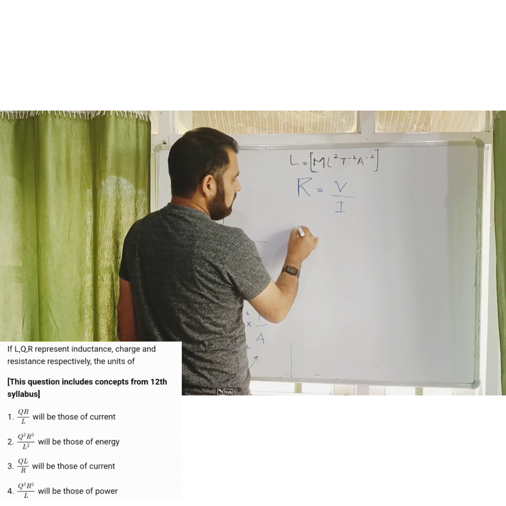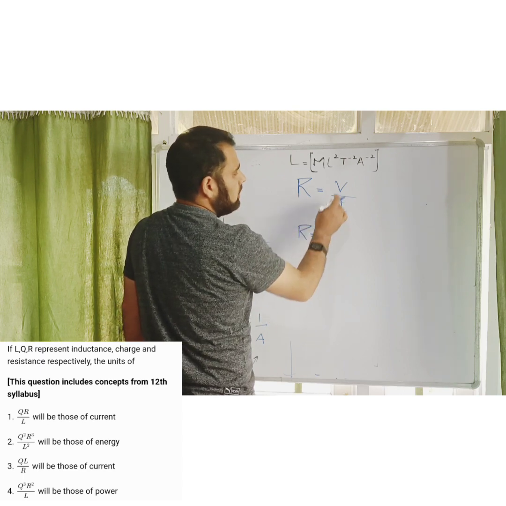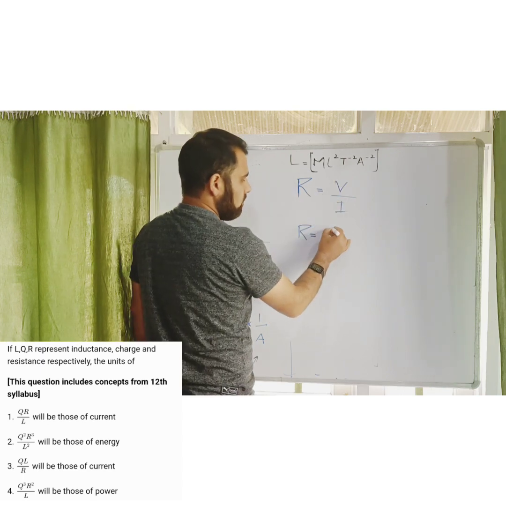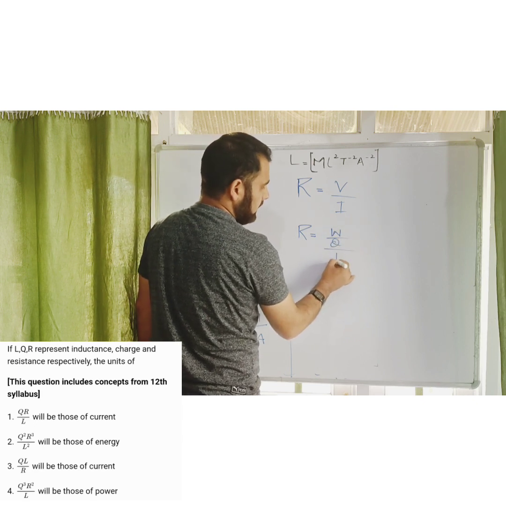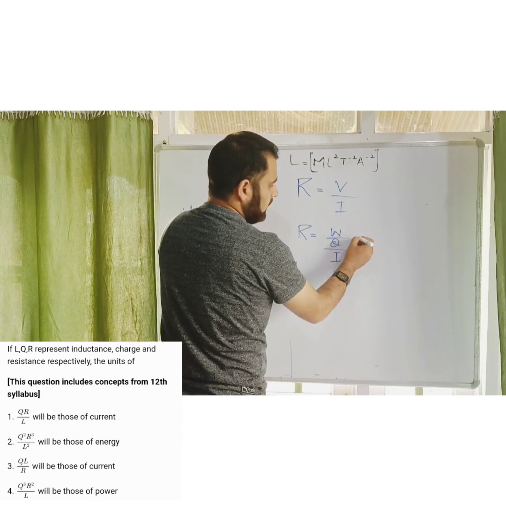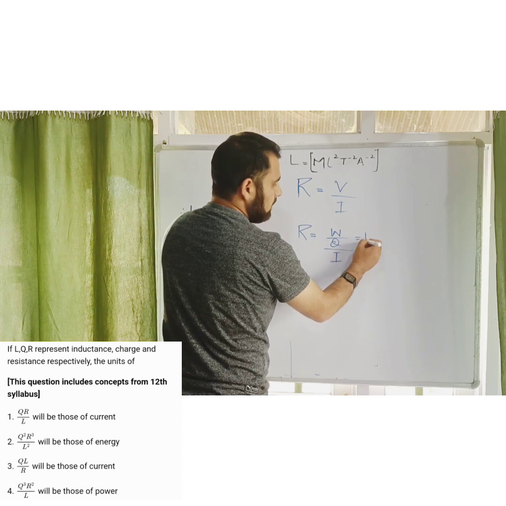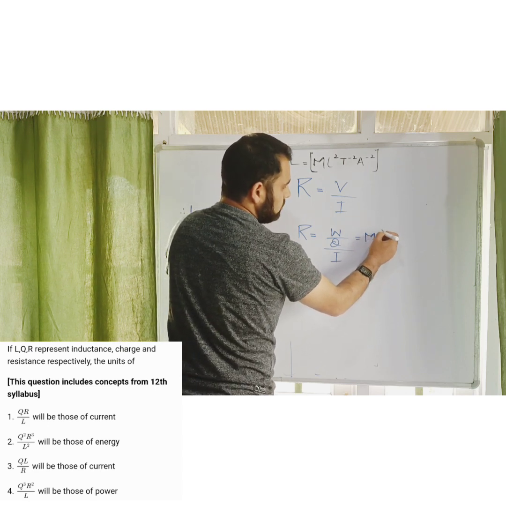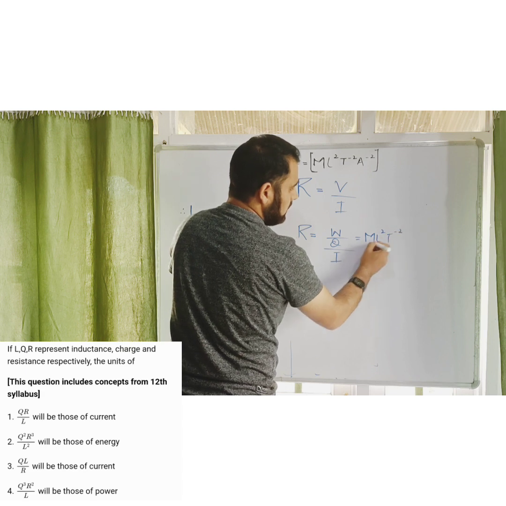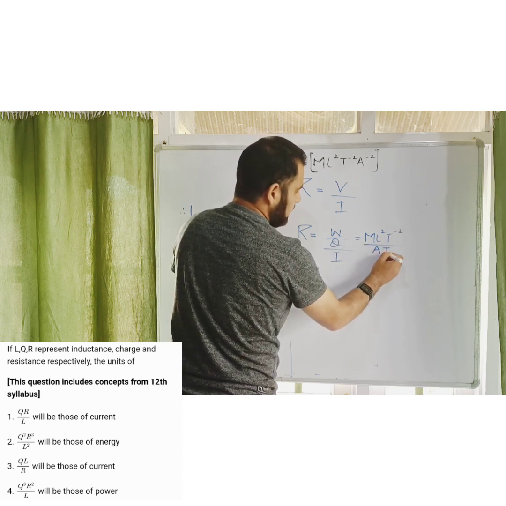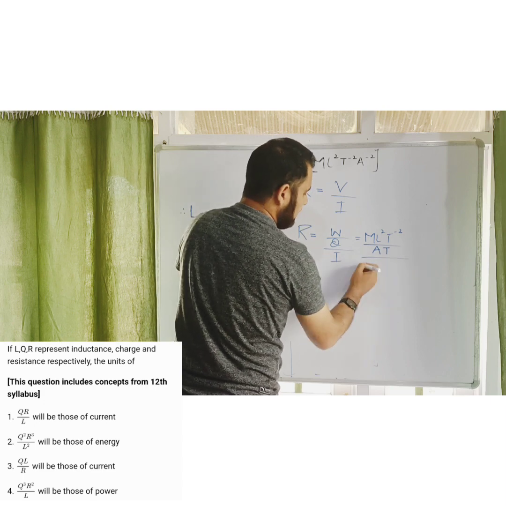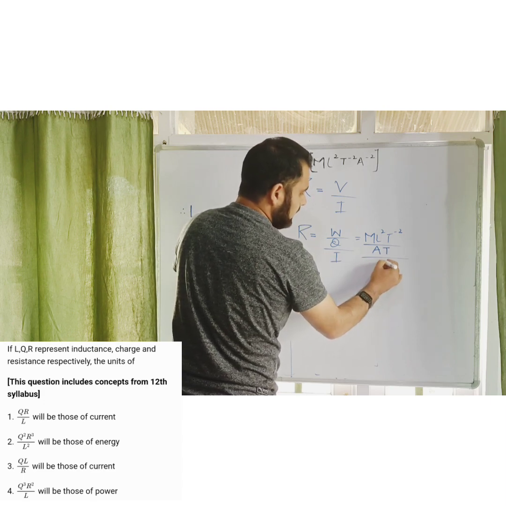Already you know the potential difference is work done on a charge, W by Q, divided by I. So its dimensional formula is, the dimensional formula of work is ML²T⁻² divided by the dimensional formula of charge, which is AT, whole divided by the dimensional formula of current, which is A.